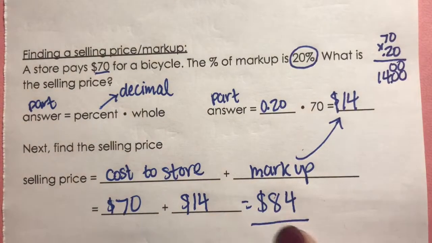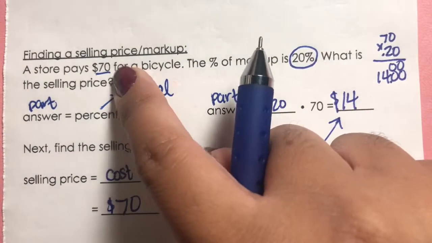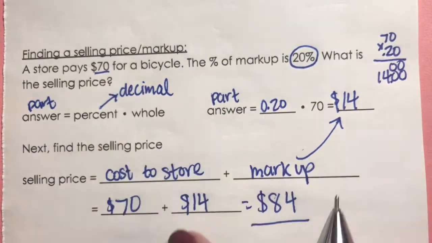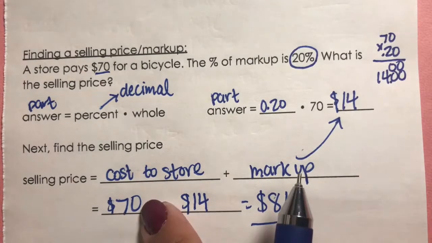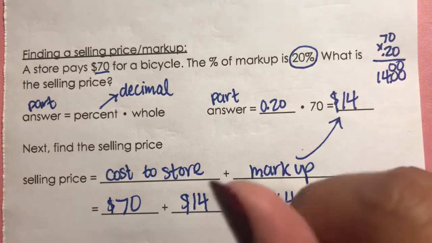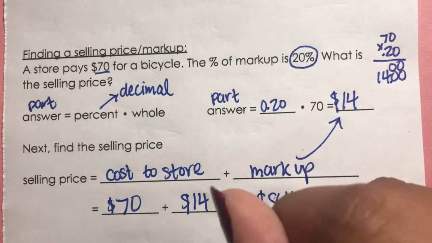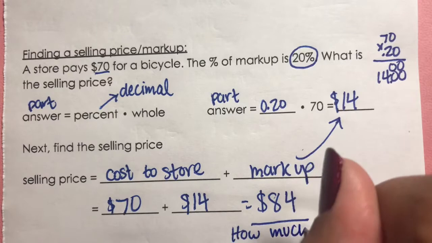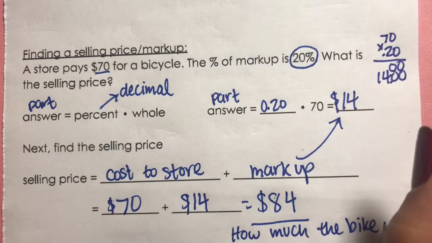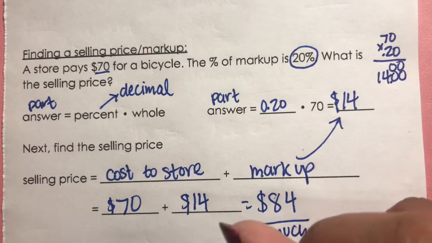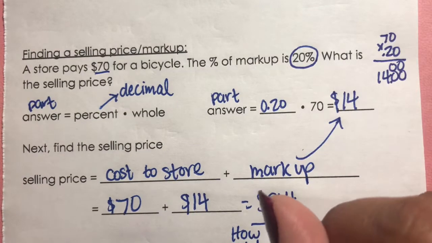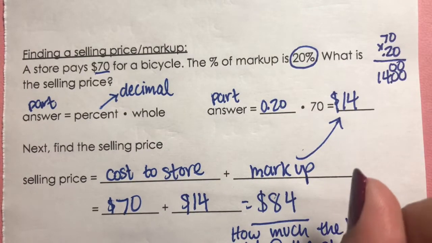So we found the selling price by figuring out 20% of 70 is 14. Then we added that to how much the store paid for that bicycle, which is 70. So 70 plus 14 equals $84, and that's our selling price. $84 is how much the bike is sold at the store.